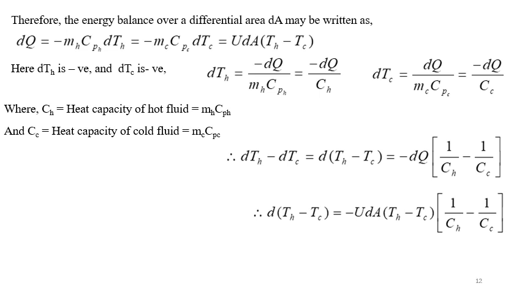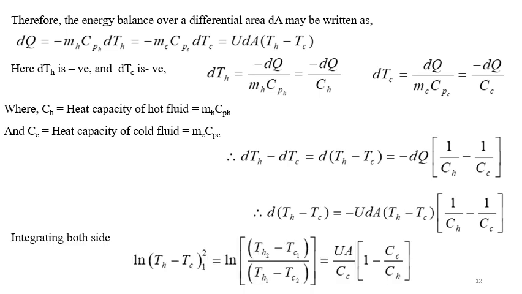Writing the equation for dQ as well, rearranging and integrating, you will get ln of (Th minus Tc) at 2 over 1, which is ln of (Th2 minus Tc2) divided by (Th1 minus Tc1), equal to UA by Cc into (1 minus Cc by Ch).